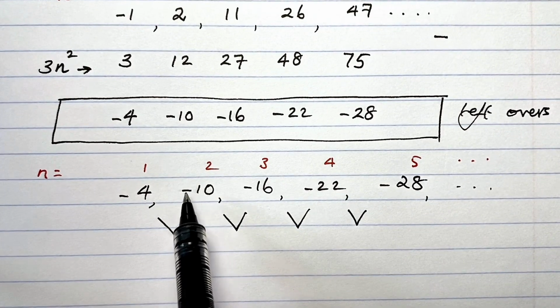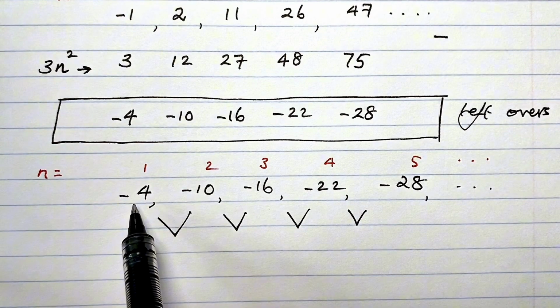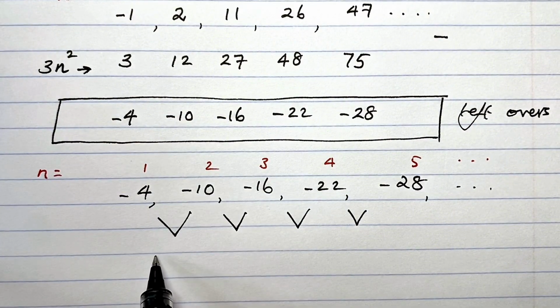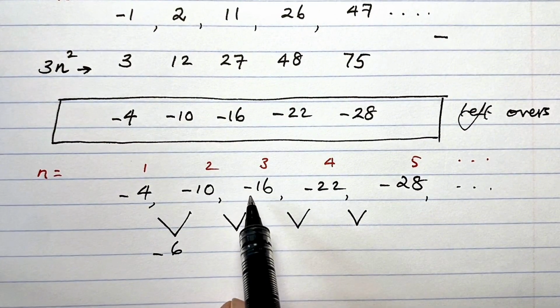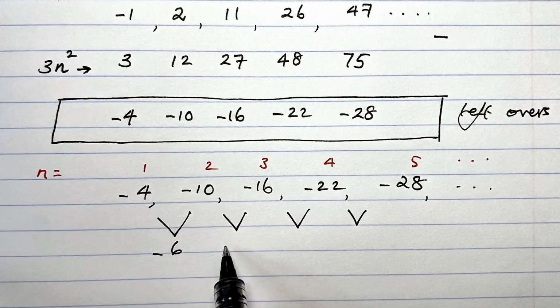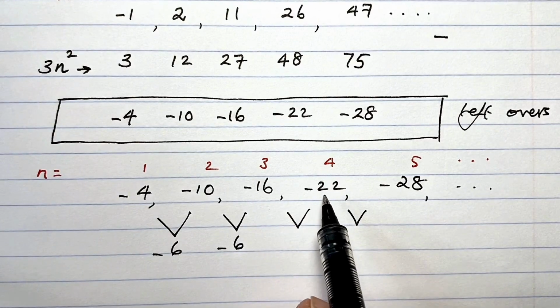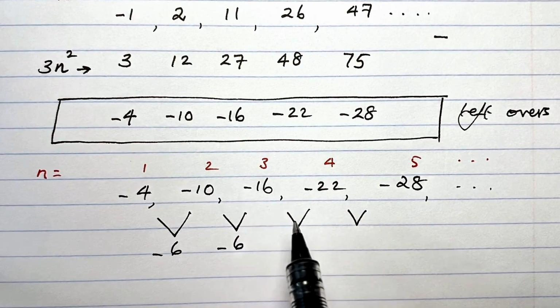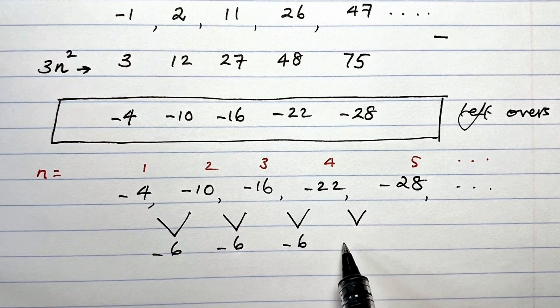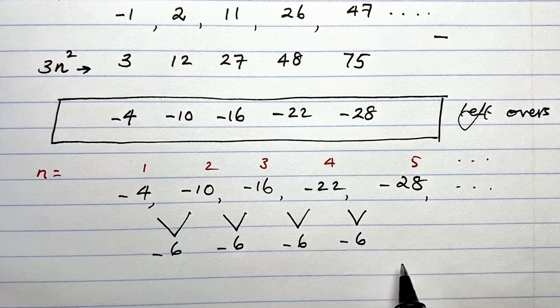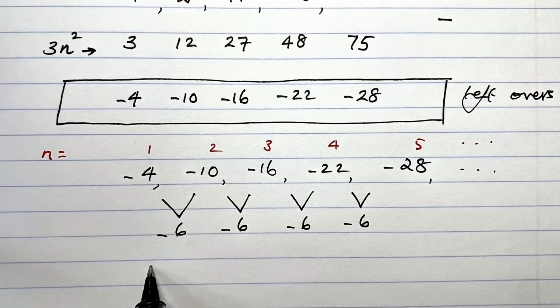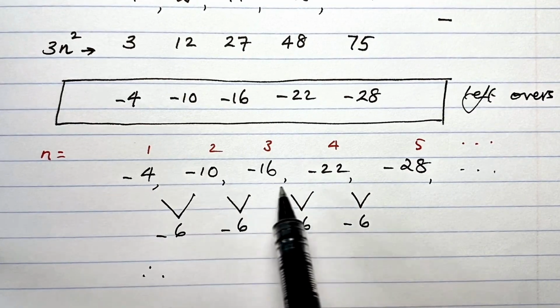Minus 10, minus 4, that's minus 6. Minus 16, minus 10, minus 6. Minus 22, take away minus 16, and the same here. Therefore, we have a linear sequence for these numbers.